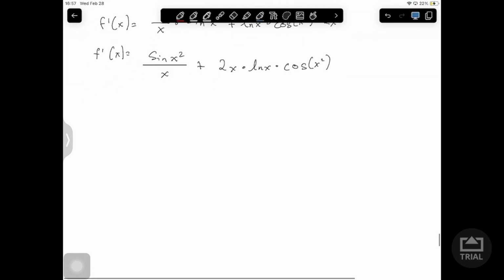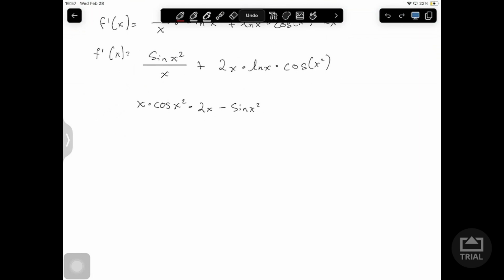The quotient rule for this first portion is going to be pretty simple, which is basically x times cosine x squared times 2x minus sine x squared times 1, because the derivative of x is just 1.